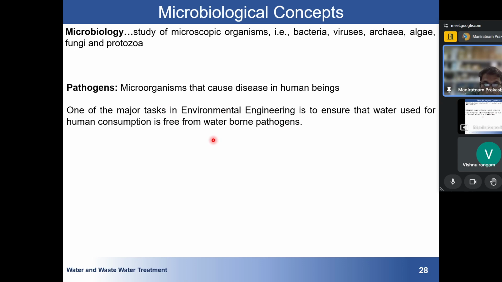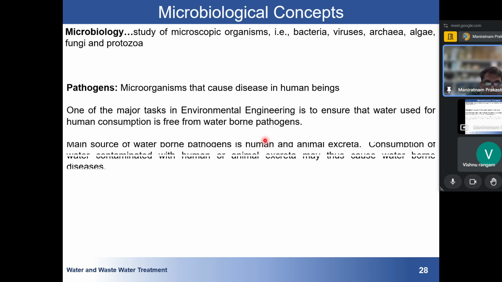That's why this is a major task. You can also add one sentence that treated wastewater used for discharge is free from any pathogens. You don't want to add any pathogens to your fresh water when discharging treated wastewater. The main source of waterborne pathogens is human and animal excreta.